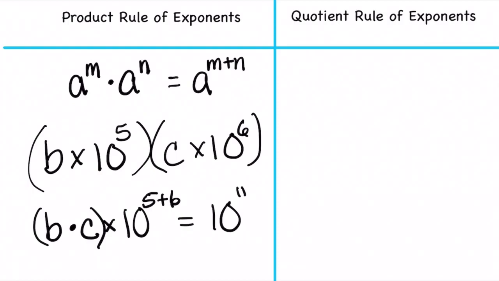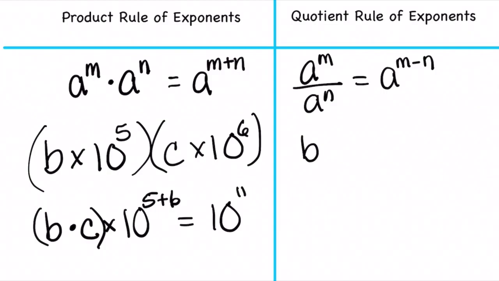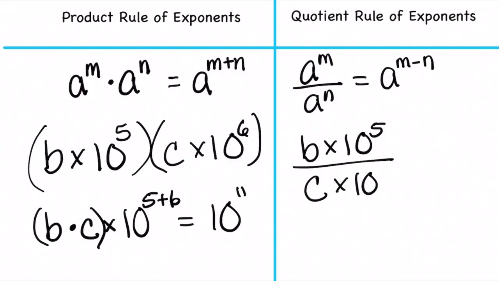The same is going to be true for our quotient rule. So imagine we have a to the m divided by a to the n. In this case, we're subtracting. And so the same would be true here. So if I had b times 10 to the 5th divided by c times 10 to the 4th, again, our bases are the same.